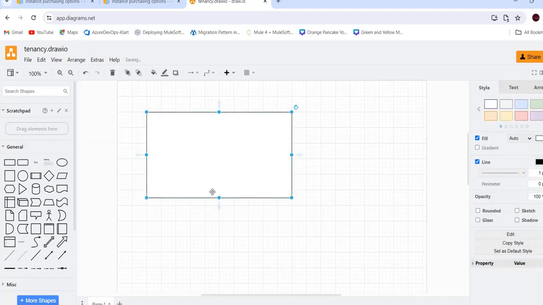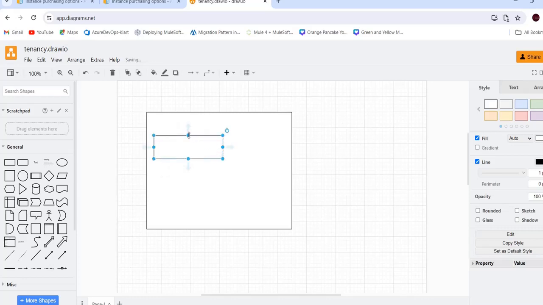Let's assume that this is the data center, an AWS data center or availability zone in a specific region. In this data center we have multiple hardware devices, right? So let's say this is one and this is another one. Let's say for now we have only these two physical servers available in this data center.